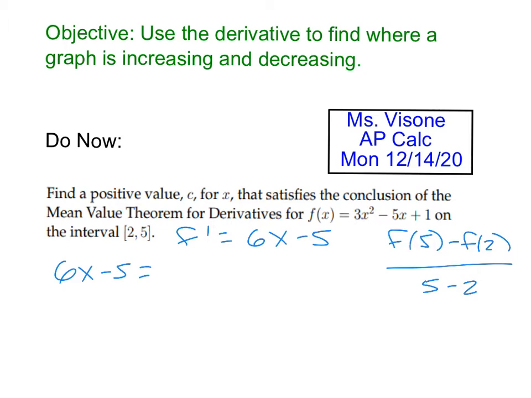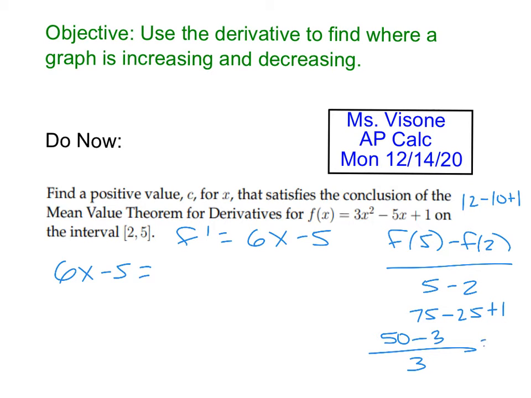So that's 75 minus 25 plus 1. And then f of 2, so that's 12 minus 10 plus 1.